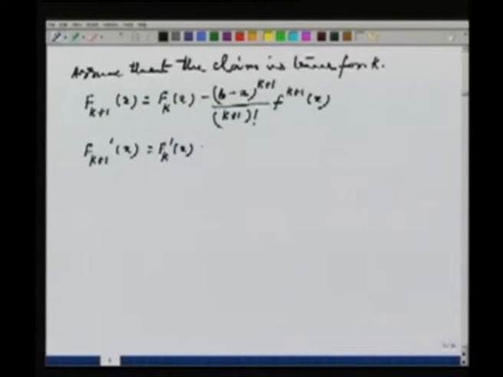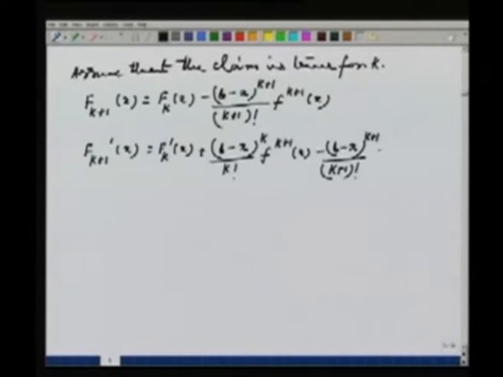Now the derivative of the next term, which I can calculate surely, which is plus (b minus x) to the power k by factorial k into f^{(k+1)}(x), minus (b minus x) to the power k+1 divided by (k+1) factorial into f^{(k+2)}(x).